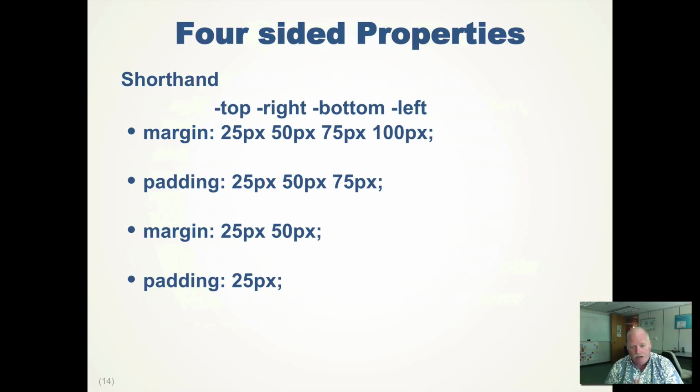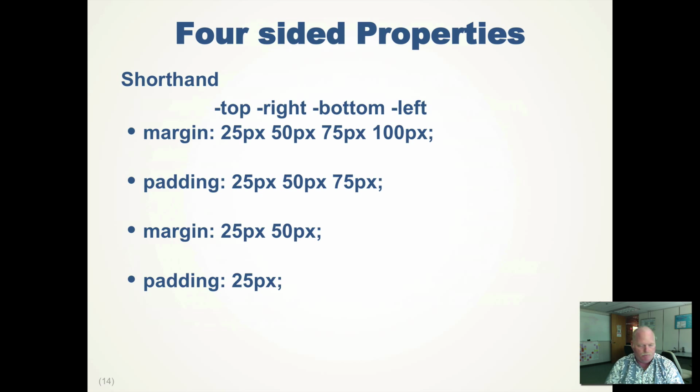If we use three values in the second choice, we're styling the top padding to be 25, and the right and left, because left is not supplied here, get the same value. So the right and left will be 50, and the bottom will be 75. If we use two values, we're saying that the top and bottom are 25, and the left and right are 50. If we only have one value, all four get the same value.